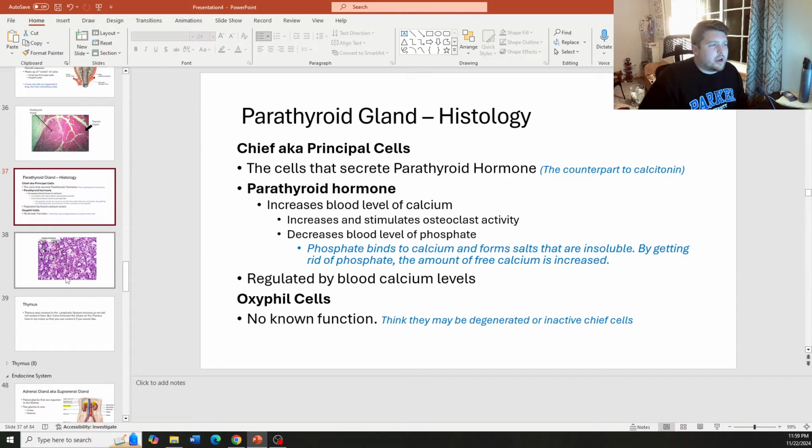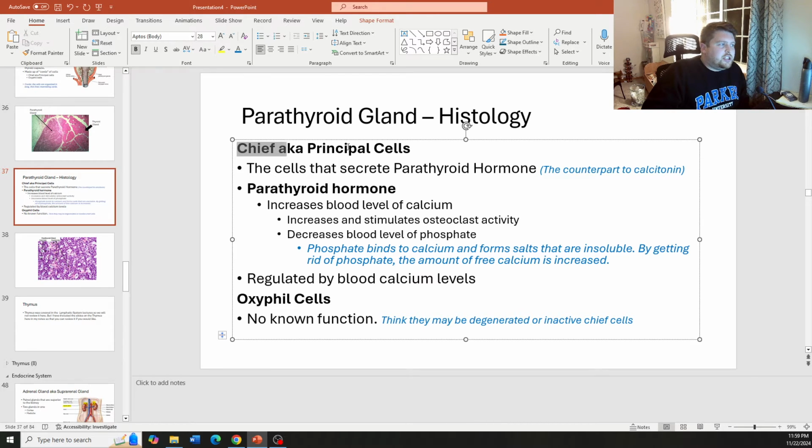The job of the parathyroid gland is essentially the opposite of the calcitonin of the parafollicular cells. So that's paired, thyroid, parathyroid, they're right there. The chief cells secrete parathyroid hormone, which increases blood level calcium.